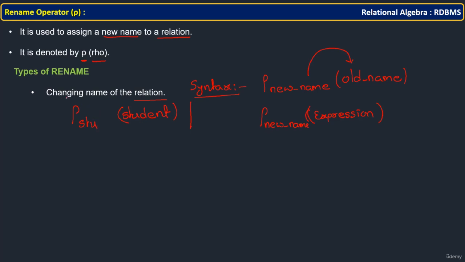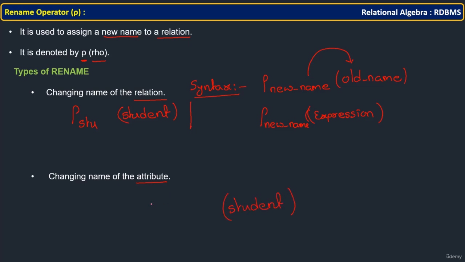So the first type is giving the name to a table or relation. Another one is changing the name of an attribute. You can give alias names not only for relations or tables, you can also give names for attributes. For attributes, how can we give it? In a similar fashion, for example, I have a student relation already.